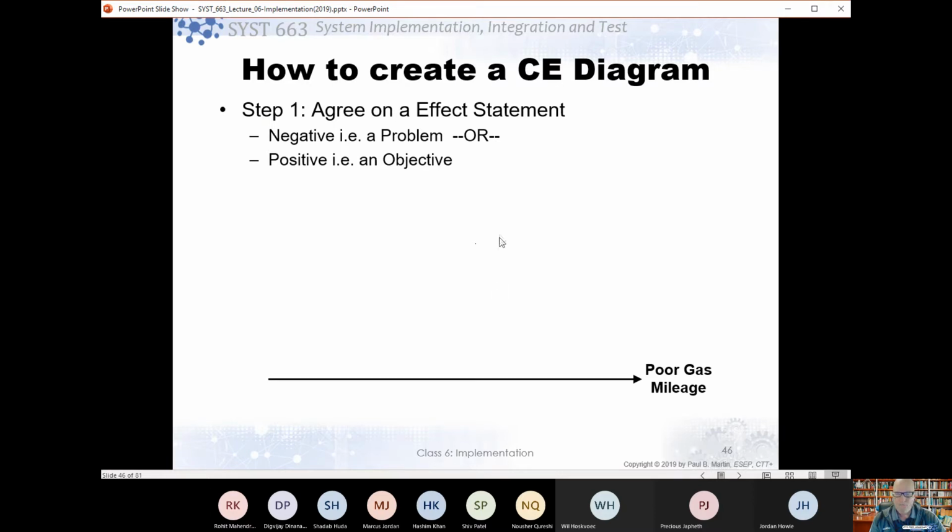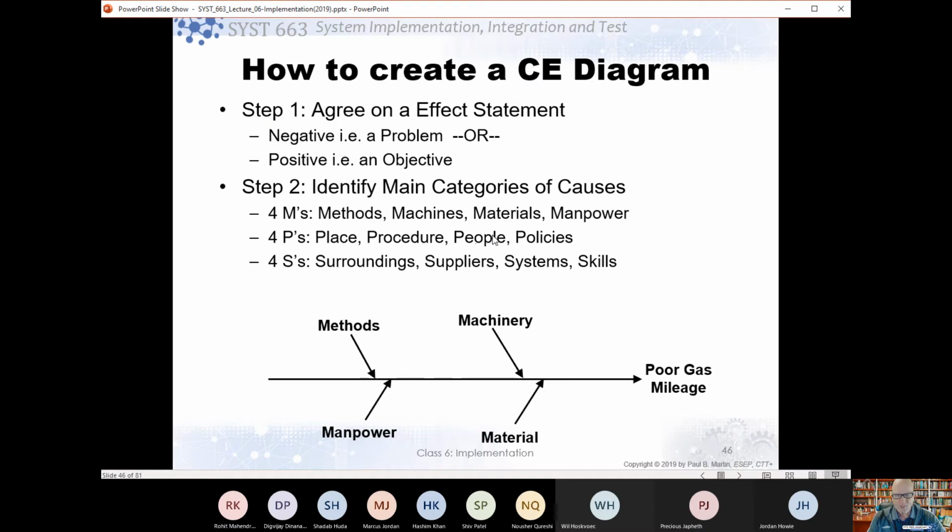All right. So basically, step one, you agree on your effect statement. We'll talk about what that'll be for the exercise. But once you get together as your team, you have to start talking about your main categories. Now, we have 4Ms, 4Ps, 4Ss, whatever. It turns out that you can actually combine these.